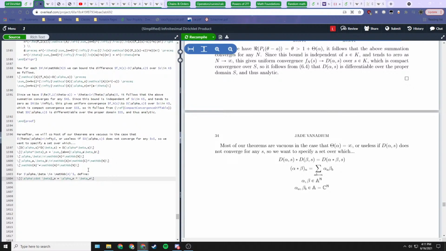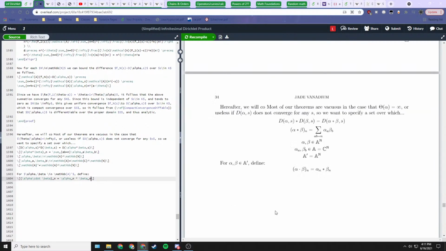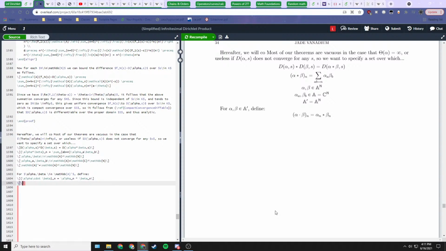So it's pointwise Dirichlet convolution. But we could also have alpha star beta be this definition that we had up here, which was this one.